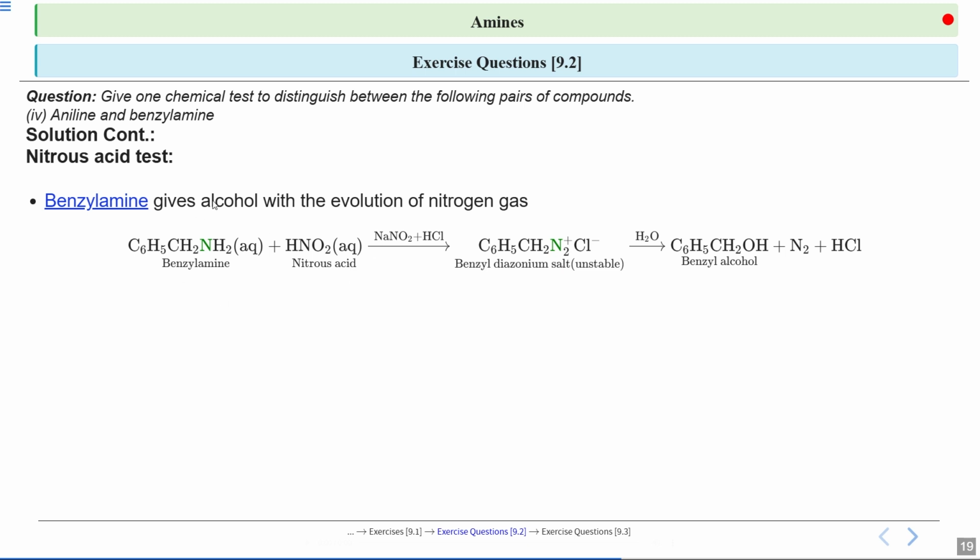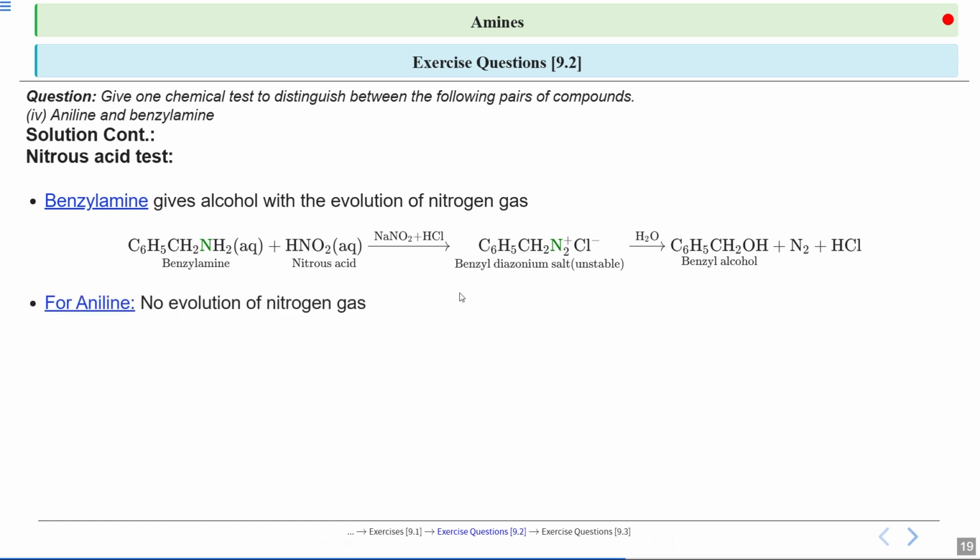When you react benzyl amine with nitrous acid in the presence of NaNO2 and HCl, it gives benzyl diazonium salt, which is unstable, and it decomposes in water to give benzyl alcohol, N2 gas and HCl.